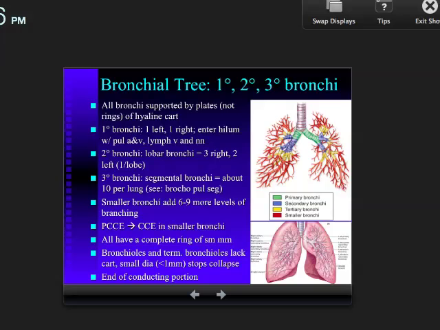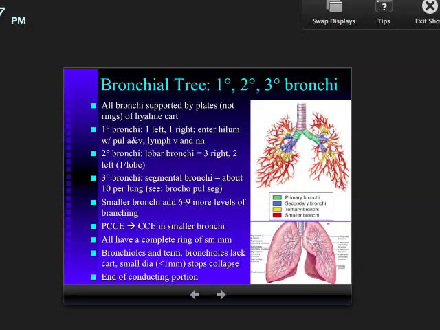When we get past the tertiary bronchi, there are 6 to 9 more levels of branching before we get to the bronchioles. And the bronchioles are really tiny, 1 millimeter in diameter, and because of their small size, they don't require any cartilaginous support. That is really the structural distinction between a bronchus, which can be very small, but as long as it has cartilage, it's a bronchus, and the bronchioli.